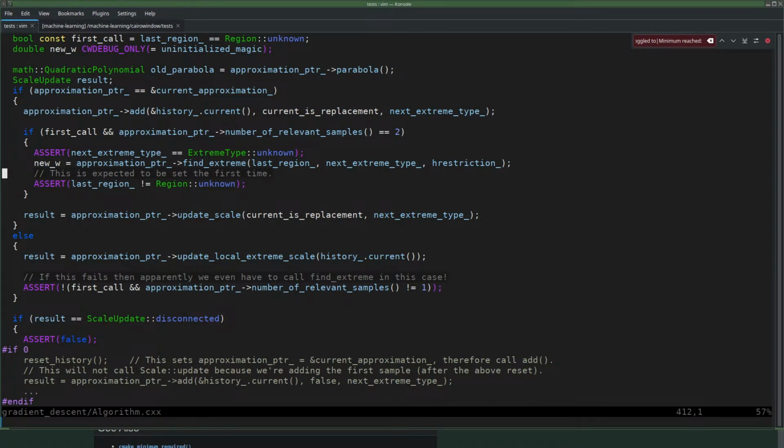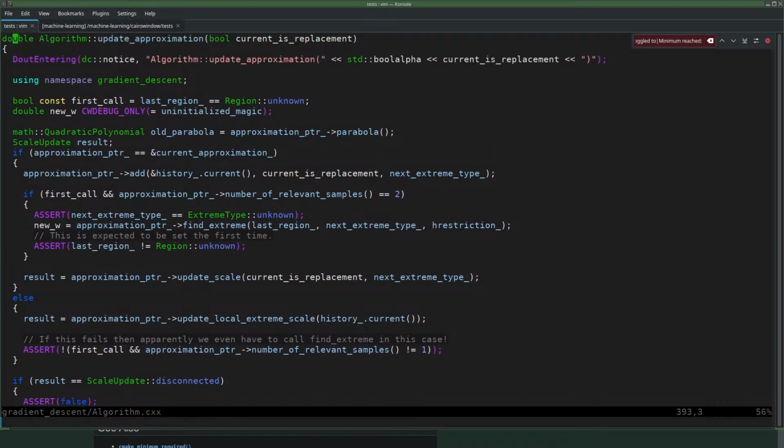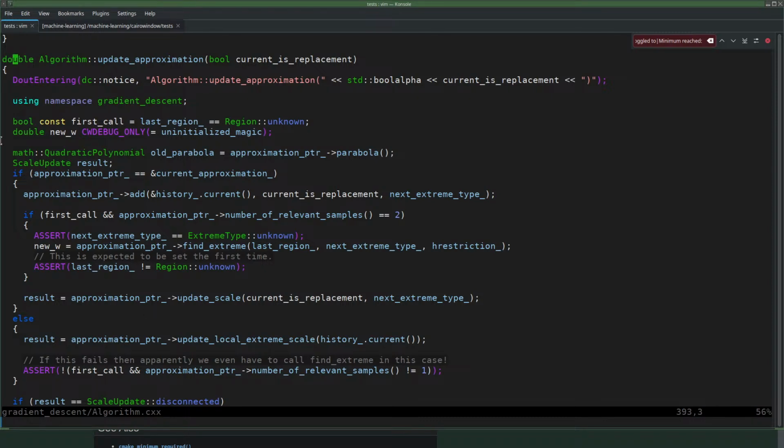But then it must be called later, as in first call was not true. And this is okay, because we're only using next extreme and then returning from this function, which is update approximation. And everything's in this file, isn't it?